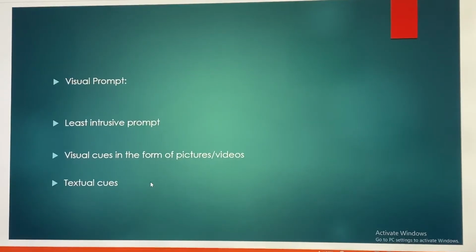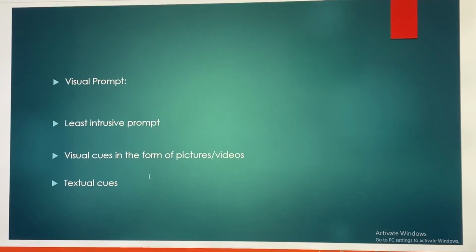Next we have visual prompts. Visual prompts are the least intrusive forms of prompting. So a visual prompt can be textual. For example, if I see written instructions that say, please don't step on the grass, I can take this as a visual prompt for me to not engage in the behavior of stepping on the grass.